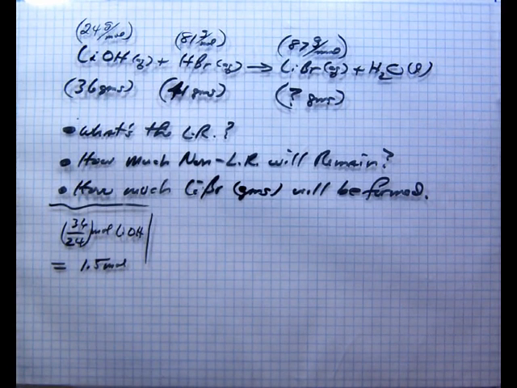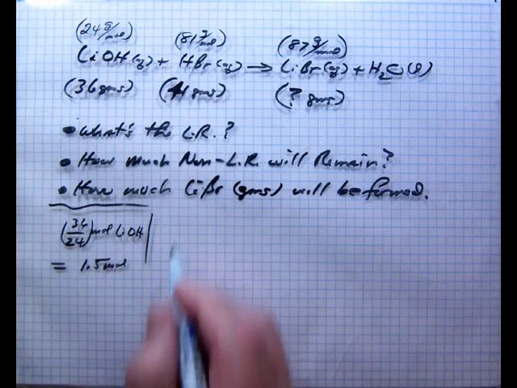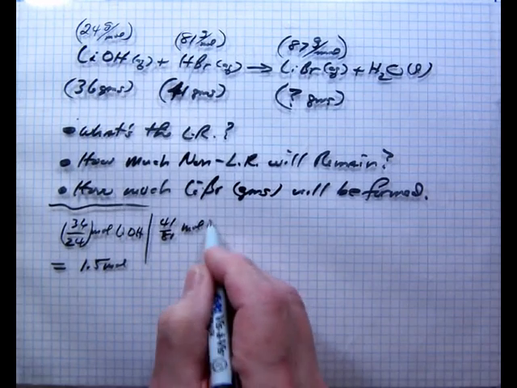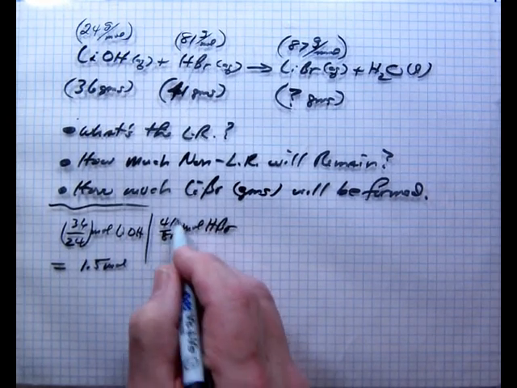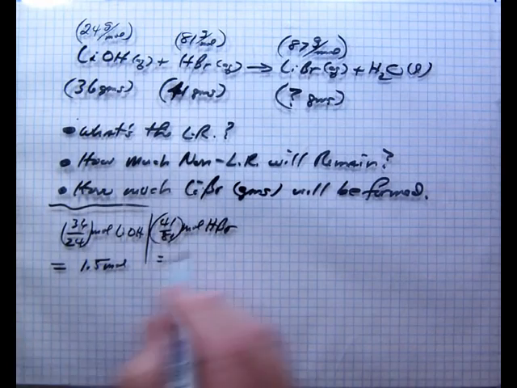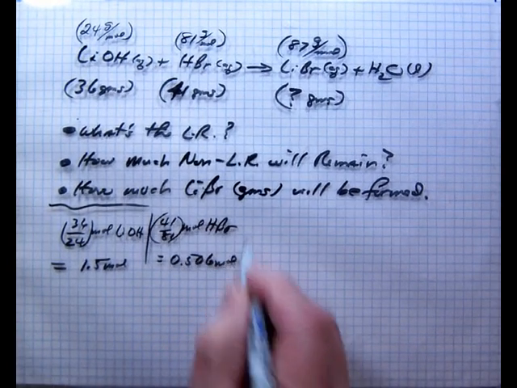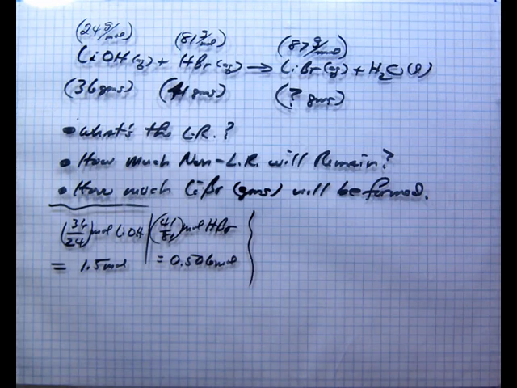The moles of hydrobromic acid is 41 divided by 81, is 0.506.